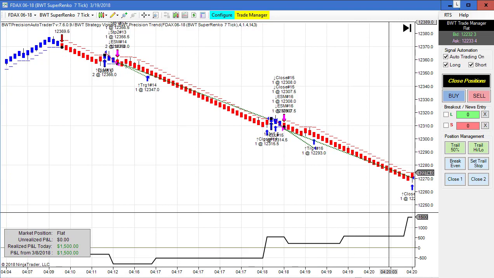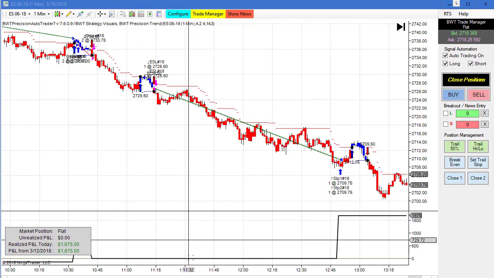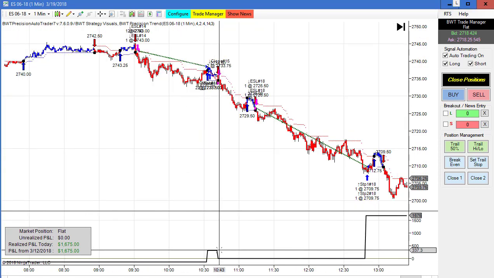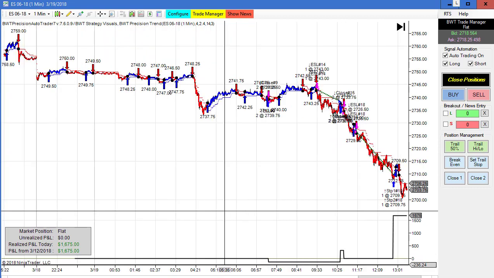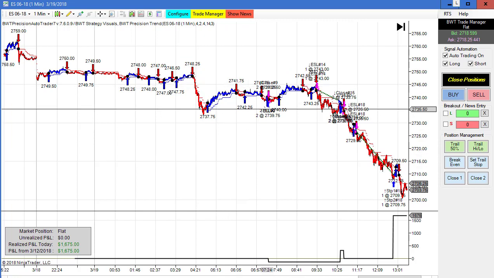Okay, so this is the first time I've run the Autotrader on just a regular 1-minute chart, and this is the Emini S&P on a 1-minute chart, and it looks like we had a total of 3 trades. We had a very small loser right here.